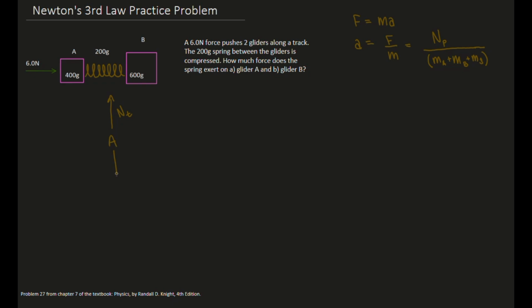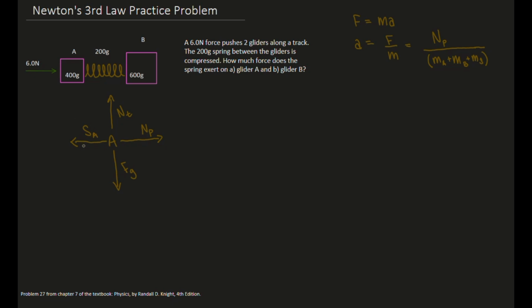I have a vertical force down from gravity, and those two are equal and opposite because it's not moving in the vertical direction. So we don't really care about it, but I like to draw them to remember that they're there. And we have a normal force from the push, that's the 6 newtons, and then we have some force counteracting that, and that is a force from the spring. That's the spring force exerted on A.